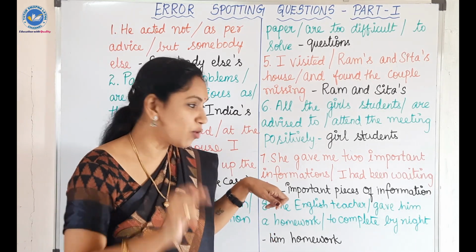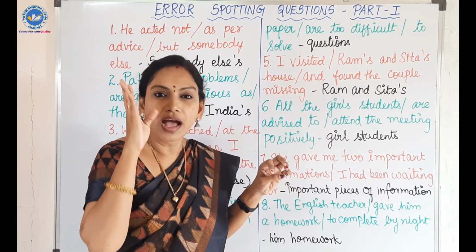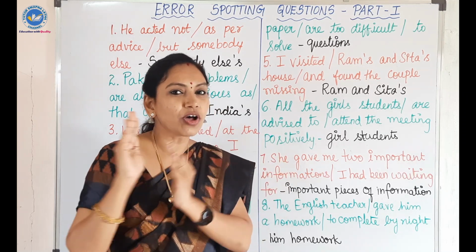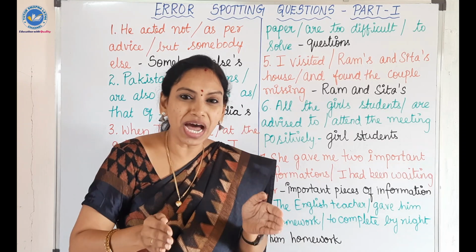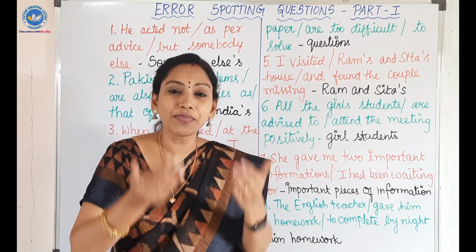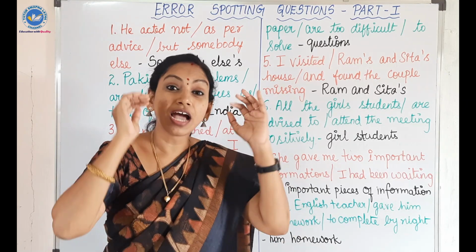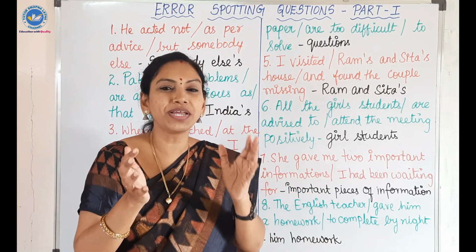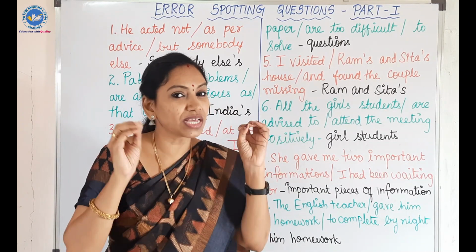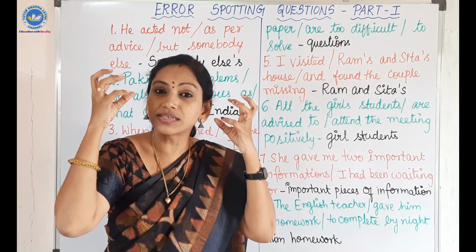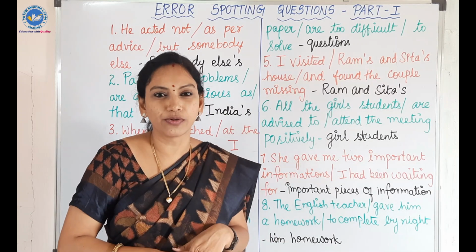See how easy all these are. Whatever I taught, I am telling. As I said, my four parts of these exam-oriented questions: the first part is basic level, the next part will be medium, my third part will be a little bit difficult, and my last part will be completely the error spotting questions from the bank exams, clerk exams, and railway exams, whatever they have asked, those type of difficult questions I will be asking you.